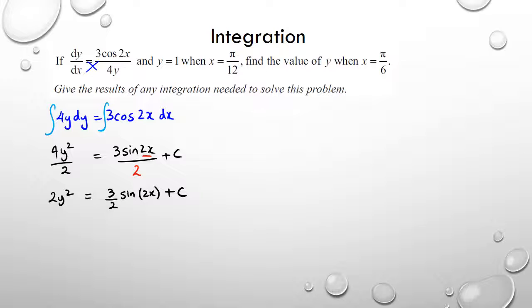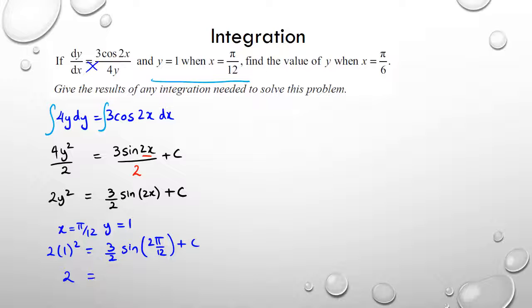So the first job is trying to figure out what c is, and to figure that out, we are going to use this here, because this says when x equals pi over 12, y is equal to 1. So substituting this, I'm going to get 2 times 1 squared is equal to 3 over 2 sine 2 pi over 12, as x is equal to pi over 12, plus c.